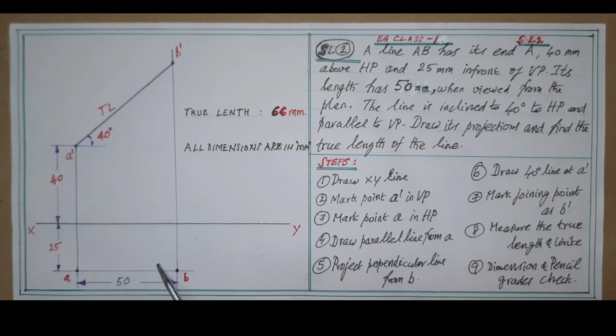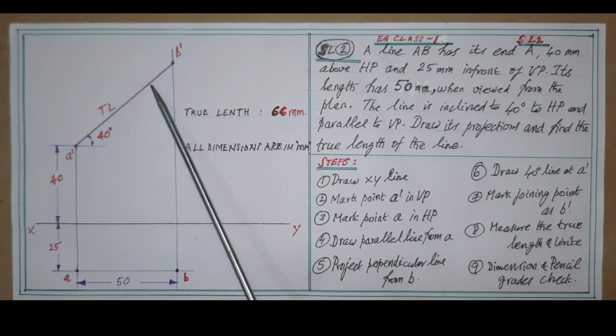Next, to project the line to the vertical plane, draw a vertical line above XY from point B as shown. Now draw a small parallel line to XY at A dash. Now measure 40 degrees at A dash and draw an inclined line as shown.